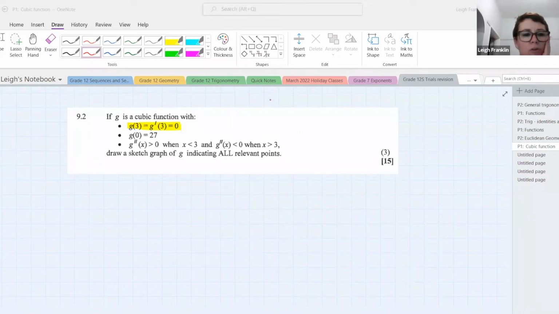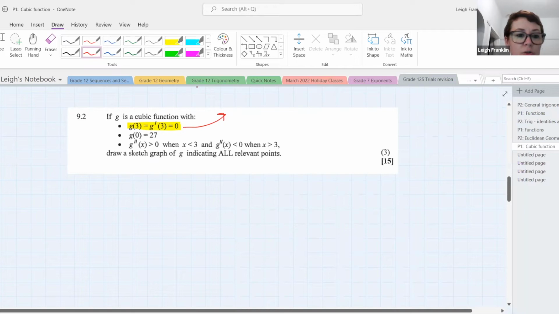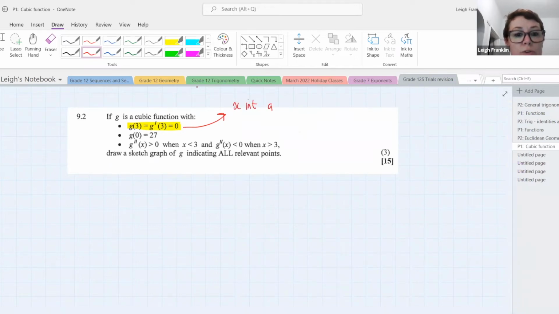Okay, so the gradient at 3 is 0. Absolutely, quite right. So what they're telling us here is something twofold. We've got an x-intercept that's also a turning point at the point where x is equal to 3.